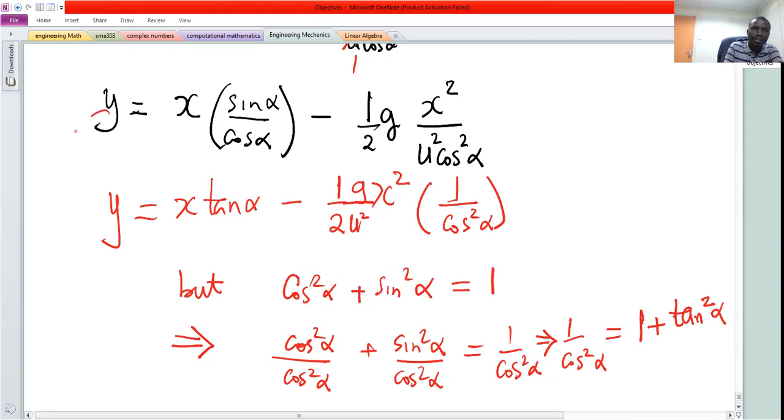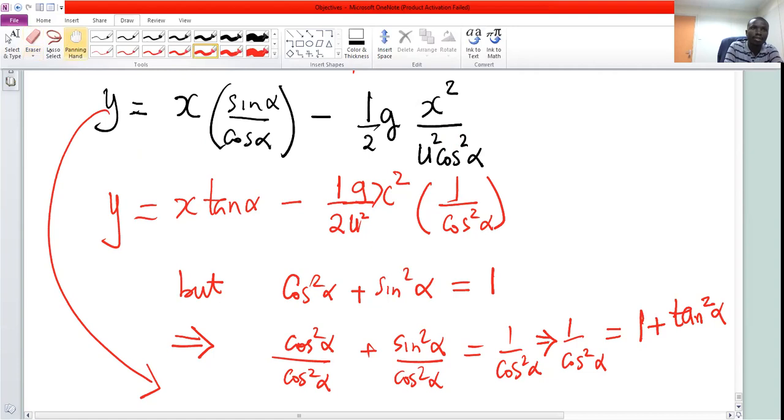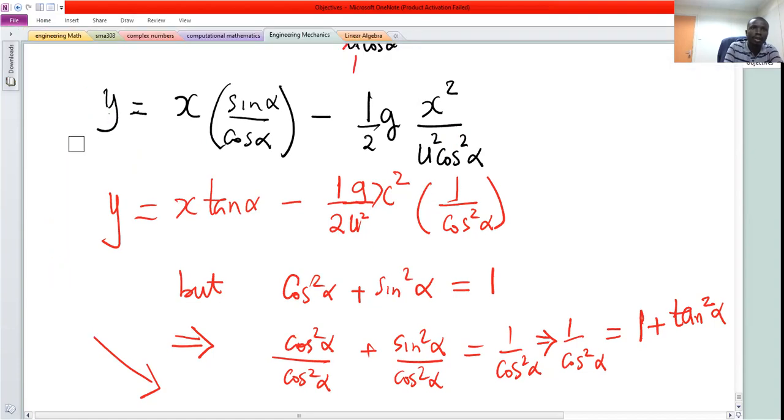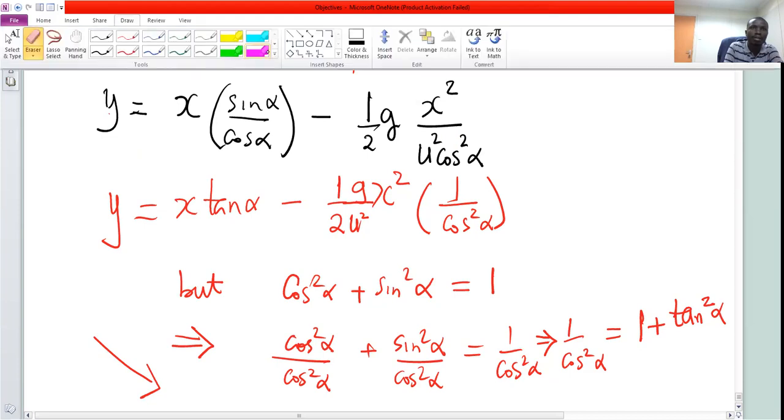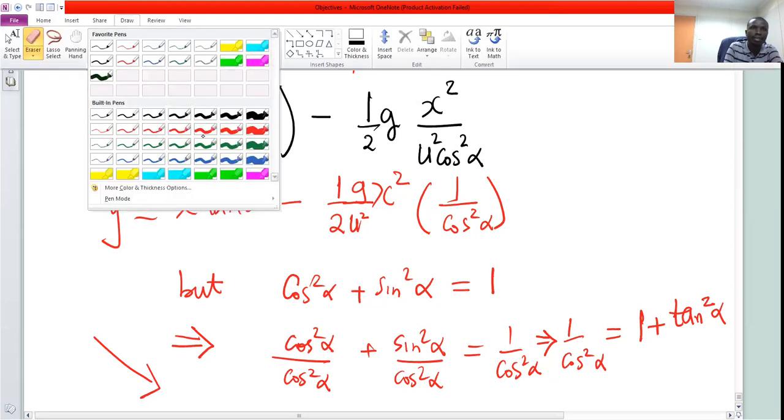So which means that in this lower equation here, where there's 1 over cos squared alpha, then we can always replace that one by 1 plus tan squared alpha.